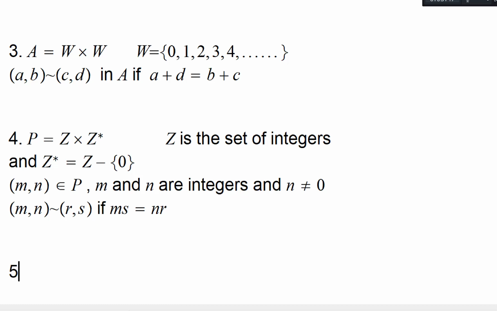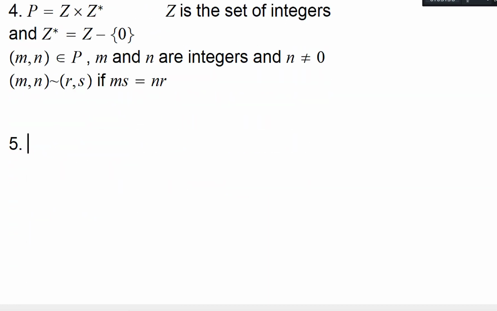And let's take another one. I'll just take a couple more because the book gives you lots of examples, and I don't want to repeat the examples from the book. So here, let's take a set that the book has taken.